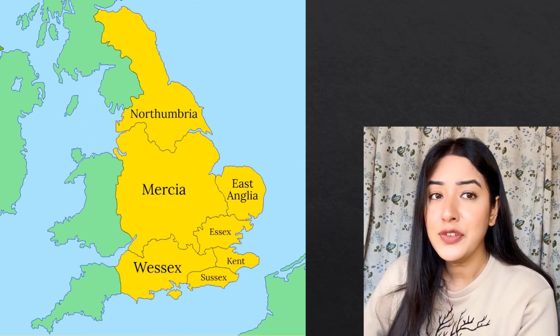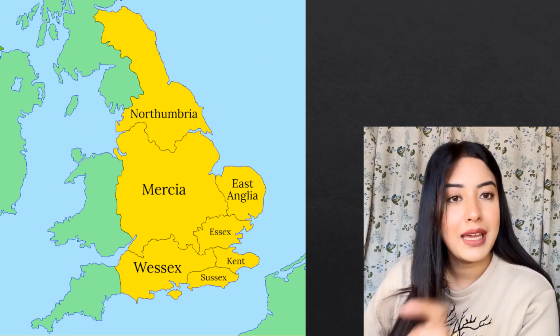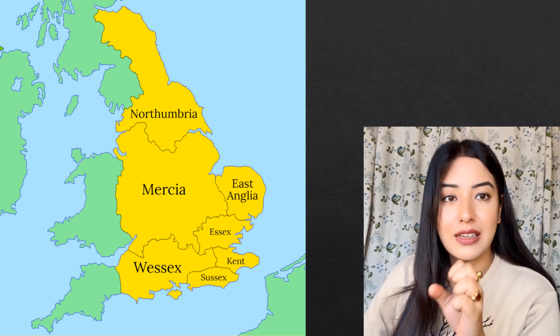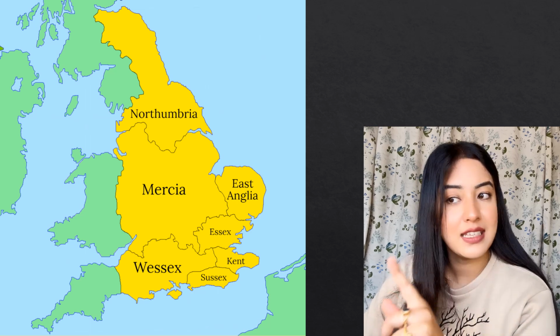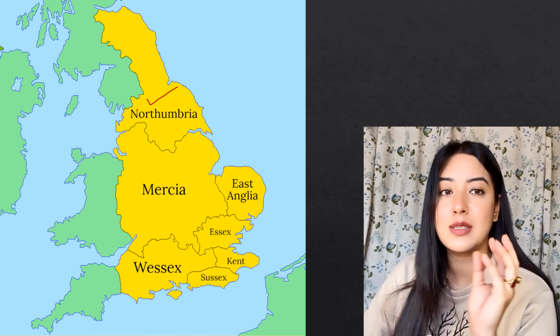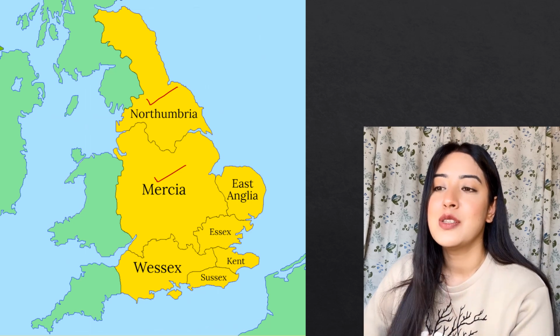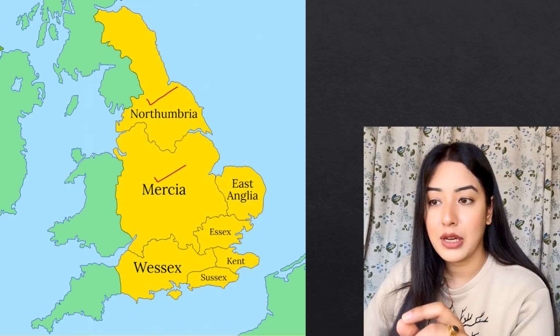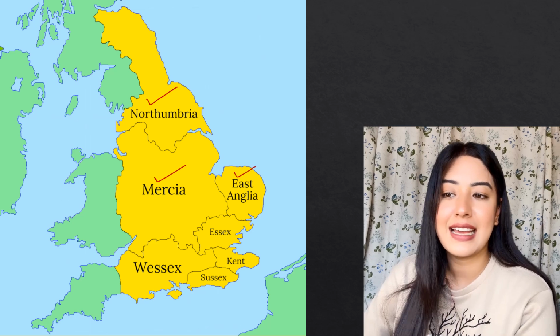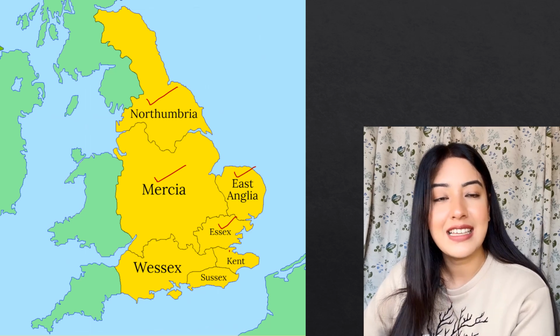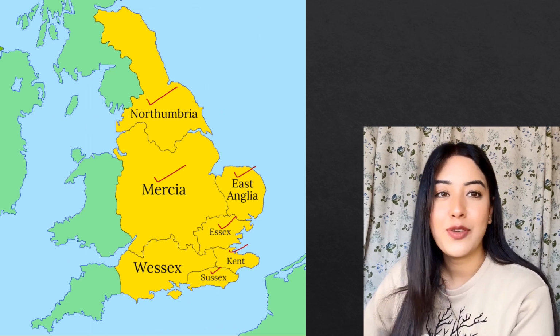If you look at the map here, these are the main Anglo-Saxon kingdoms, small, that gradually spread out. This is the Anglo-Saxon kingdom altogether, small kingdoms in this island of Britannia now. So you have Northumbria, Mercia, East Anglia, Essex, Kent, Sussex and Wessex. Wessex from Thomas Hardy.